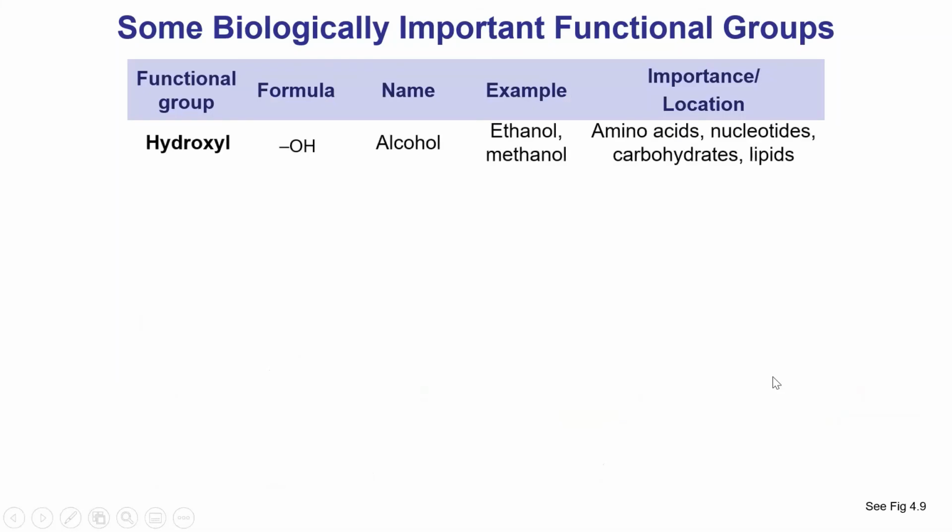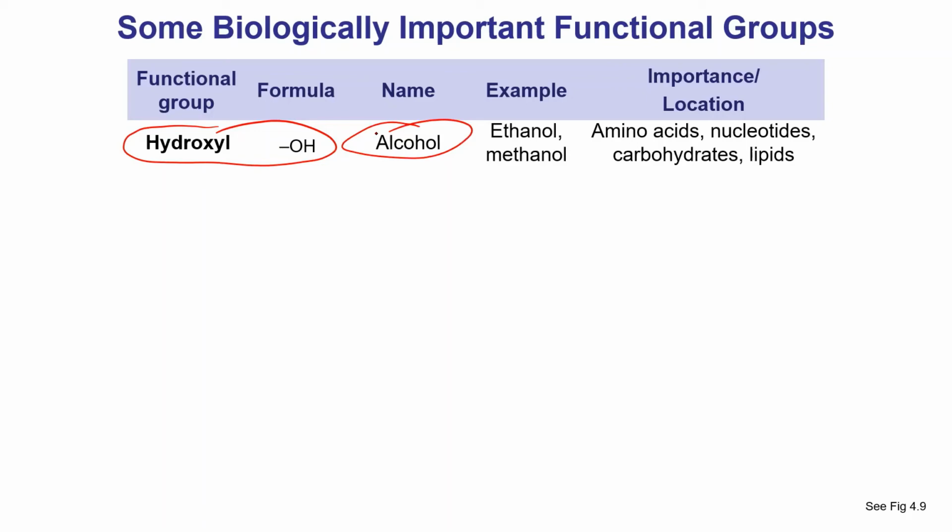Something else that's important for chemistry and biology is this concept of functional groups. I'm going to point out some of these functional groups when we talk about the different macromolecules as a way to help identify them. Probably the most important one we're going to see is the hydroxyl group, which is also called an alcohol group. It's an OH, so an oxygen and a hydrogen.